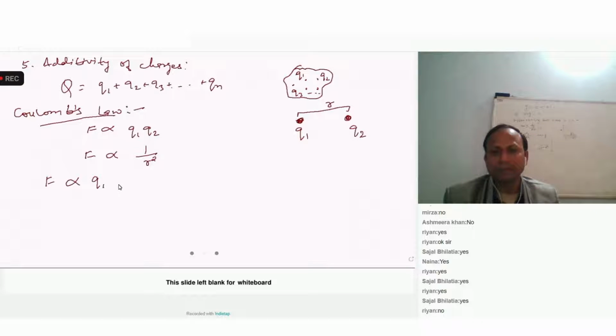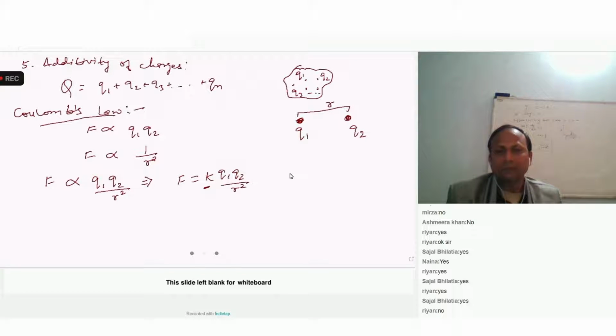In other words, we can say that F is equal to k Q1 Q2 upon r squared, where this k is nothing but the constant of proportionality. Its value is given as k equal to 9 times 10 to the power 9. What will be its unit? So first of all, we should know the SI unit of charge. SI unit of electric charge is Coulomb. Alright.